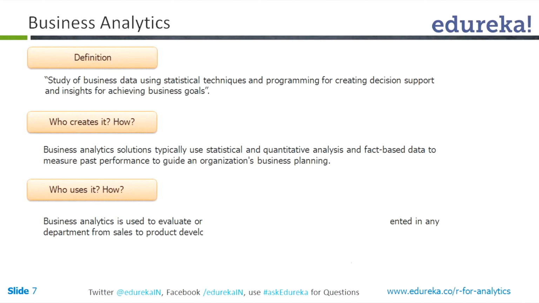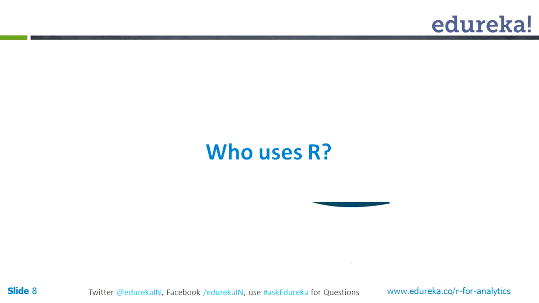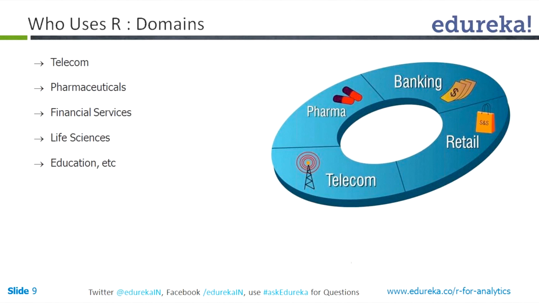Okay, so moving on to the next slide, who uses R? You can see an example. The telecom industry is using it, pharmaceutical, financial services, life sciences, and the education industry are using it. And recently I read news that the best case to start with big data is the healthcare industry.